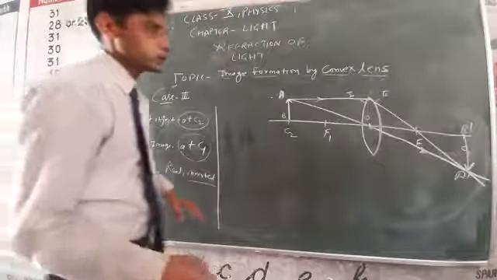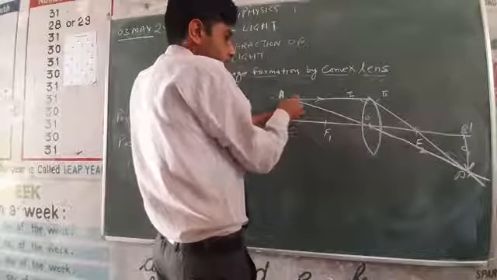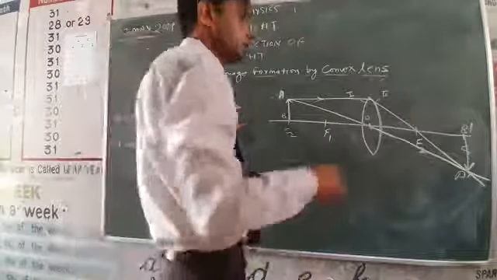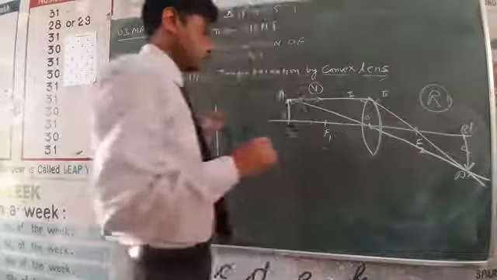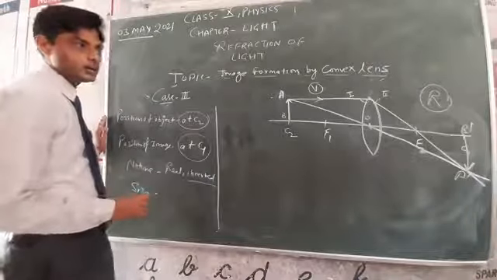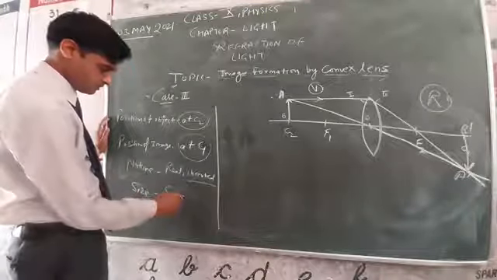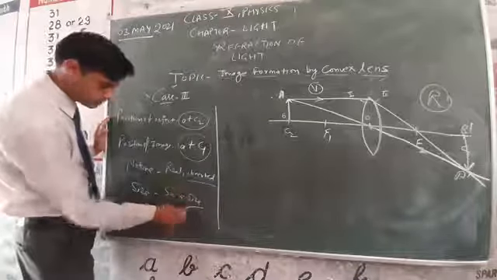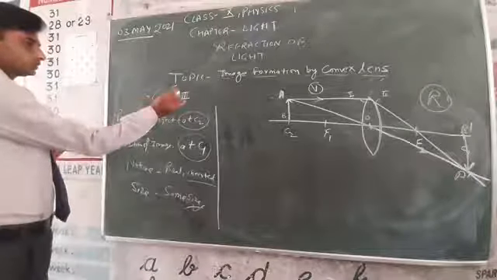As you know, if the image is placed on the same side, it is virtual; if the image is placed on the other side, it is real. And object and image are on the same side. So this is case third.